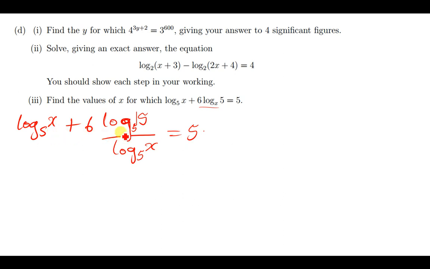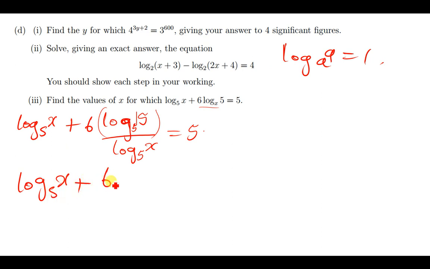Remember what I said, anything in the form log a base a is equal to 1. So on top there I can write 1. Hence I'm going to have log x base 5 plus 6 times 1 over log x base 5 is equal to 5.